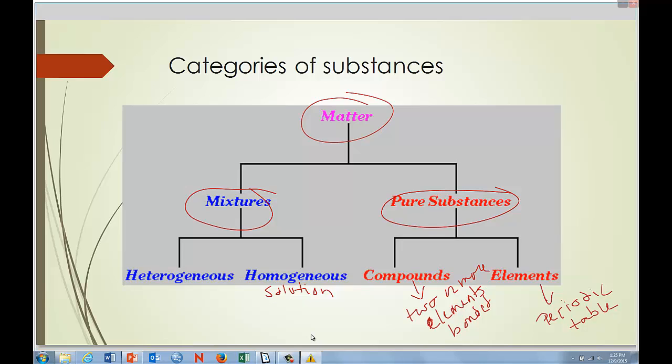So with the homogeneous mixture, you want to see if it's mixed evenly throughout. And the little question that nobody seems to tell you is that homogeneous mixtures will not separate, whereas heterogeneous mixtures will.